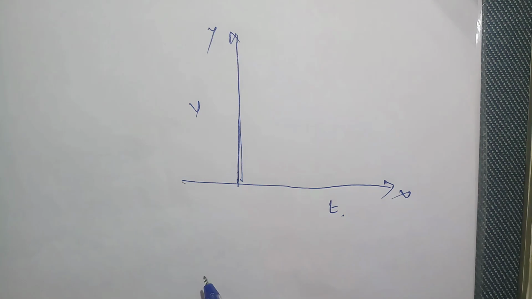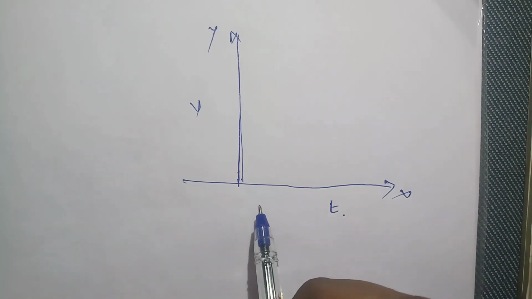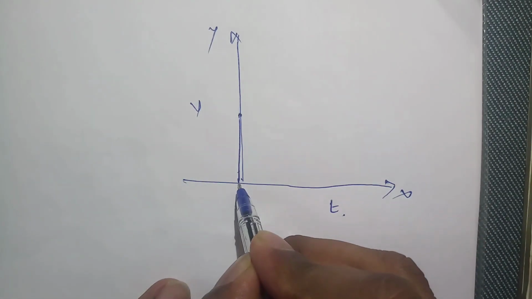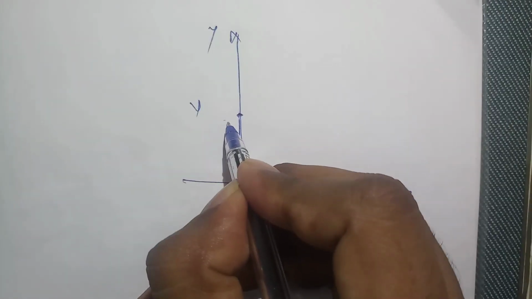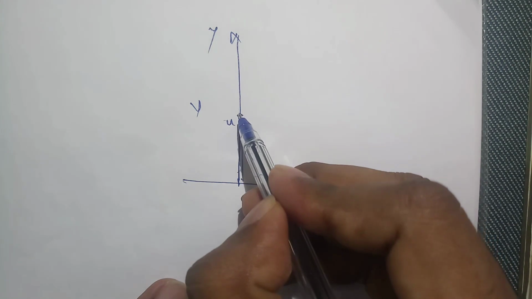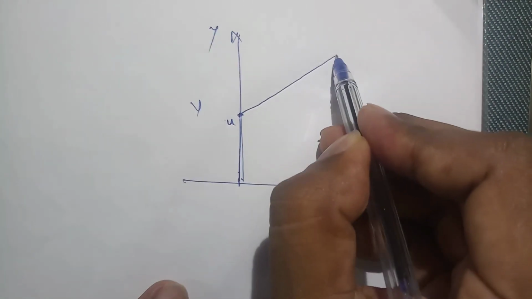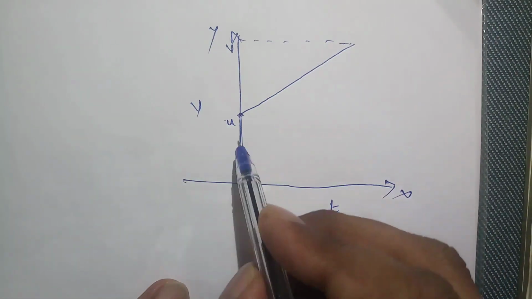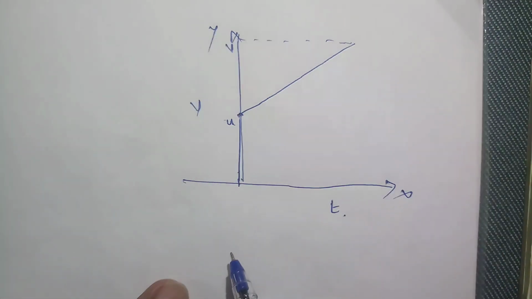Now let us think in such a way that this object is moving with an initial velocity u. So initially the velocity is not 0, the initial velocity u is there already, and velocity is increasing to a final value v here. So the velocity is increasing from u to v.